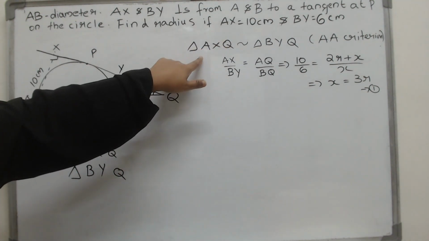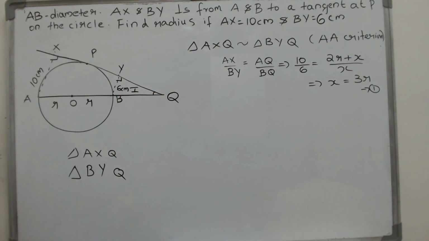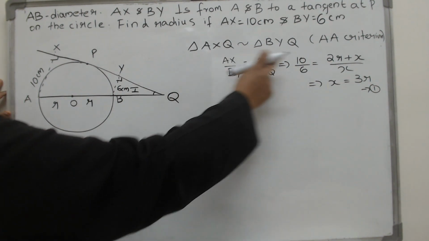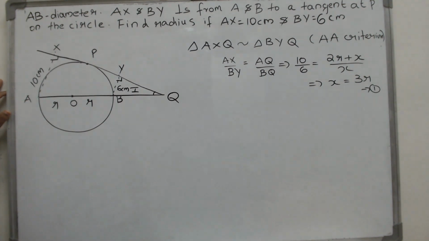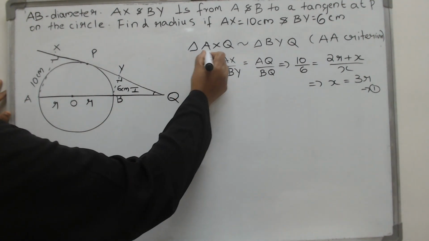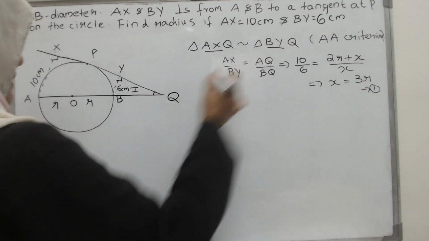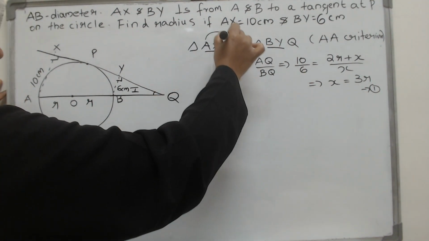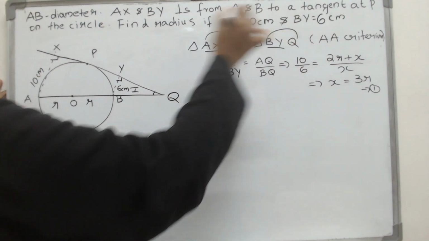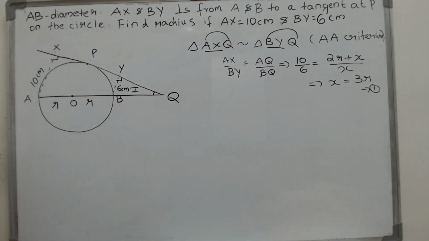These two triangles are similar to each other by the AA criterion. So the two triangles are similar by the AA criterion, which means what? The ratio of their corresponding sides, which is AX by BY, and then what? AQ by BQ. The ratios of the corresponding sides are equal to one another.